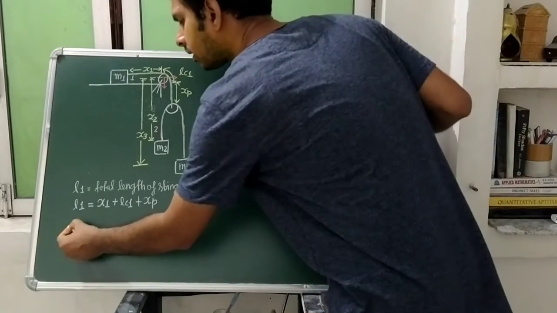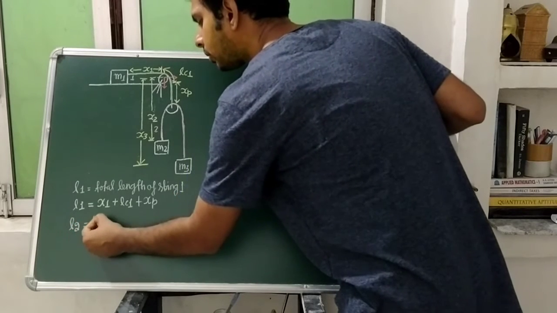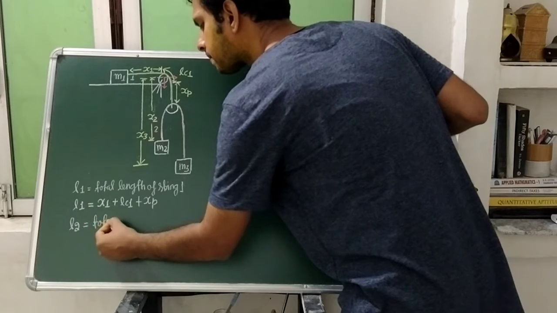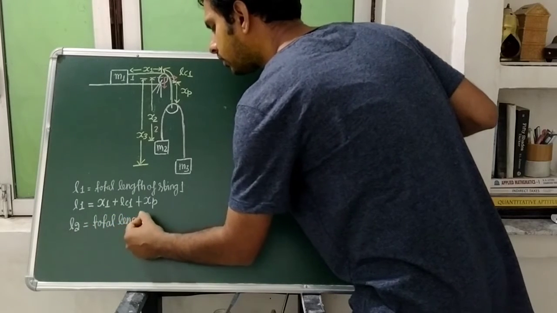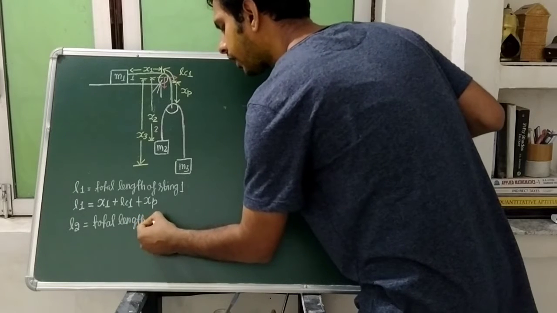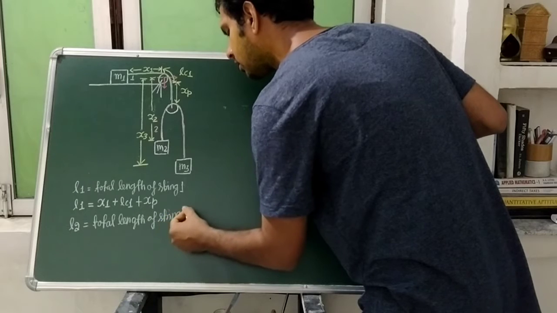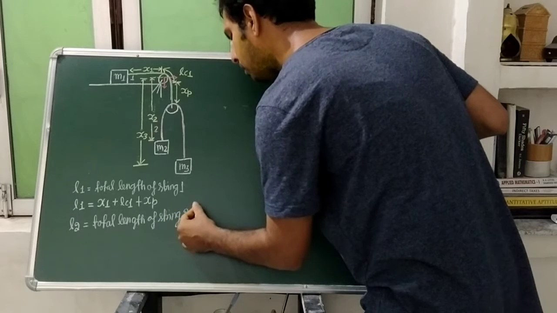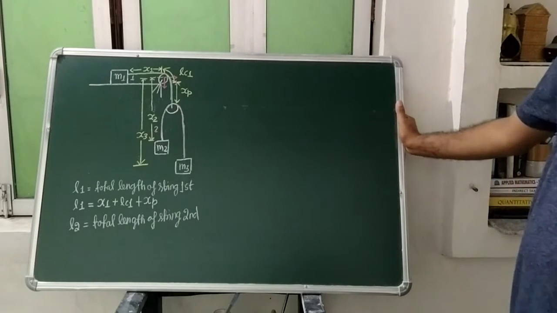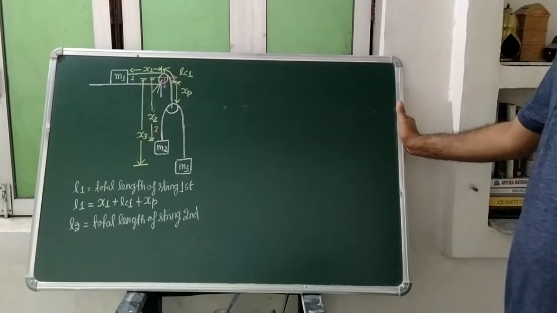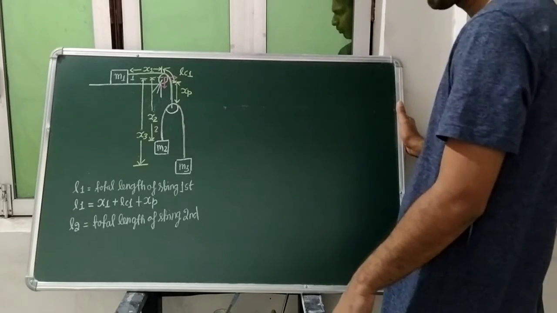Let L2 be the total length of the second string. So L2 is the length of the second string.